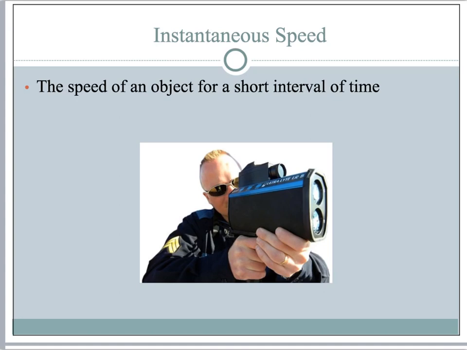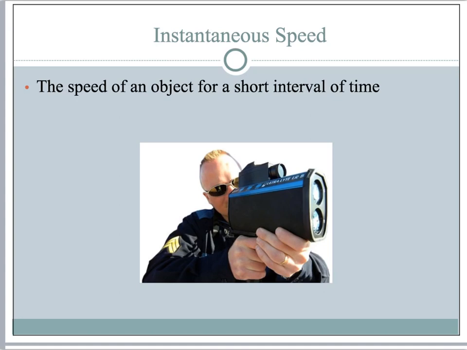So what is instantaneous speed? Well, instantaneous speed is how fast an object is going at a specific moment in time. If you were driving down the road in a 55 mile an hour speed zone and you're going 80, and the police officer clocks you at 80 and pulls you over, think about it: was he calculating your average speed, or your instantaneous speed?